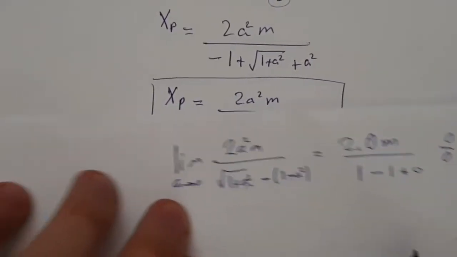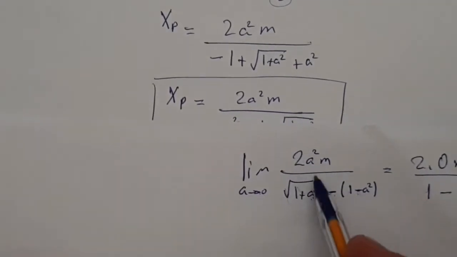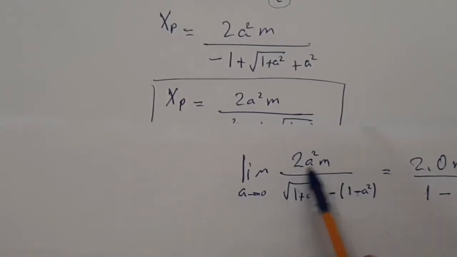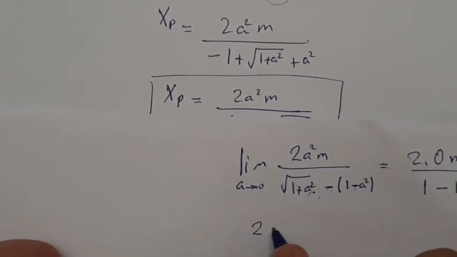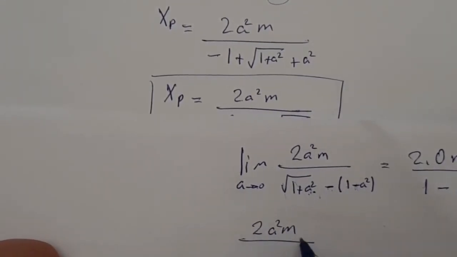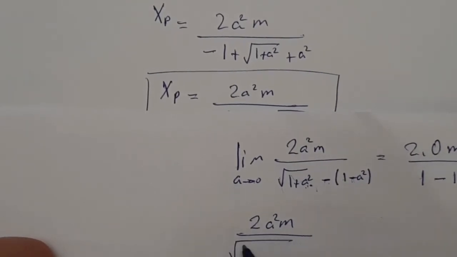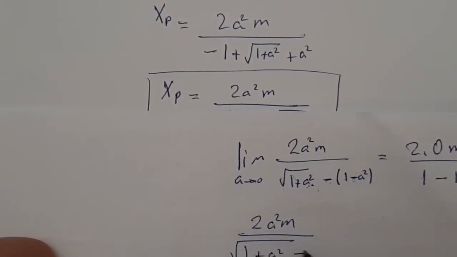And this is undetermined, so we need to make some modification in this one to solve it. So the one I'm going to use is 2a squared m divided by the square root of 1 plus a squared minus 1 minus a squared.